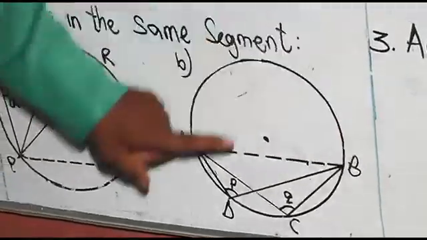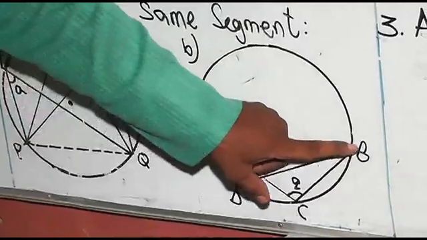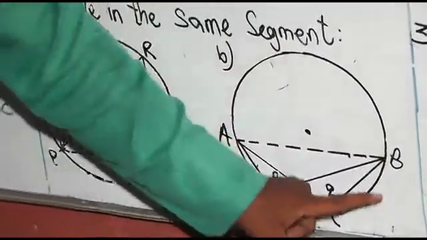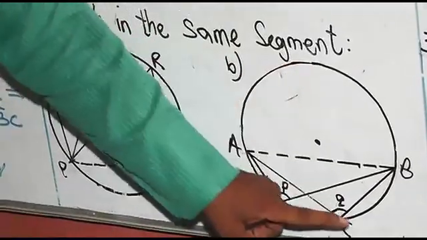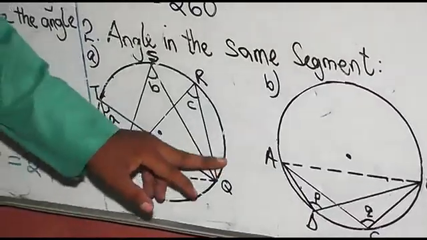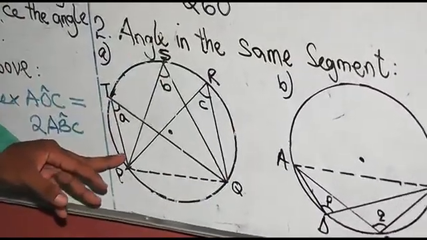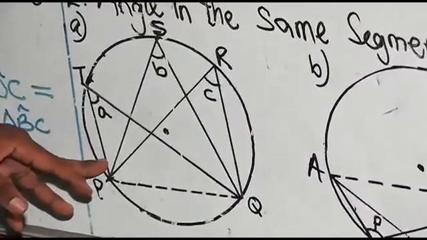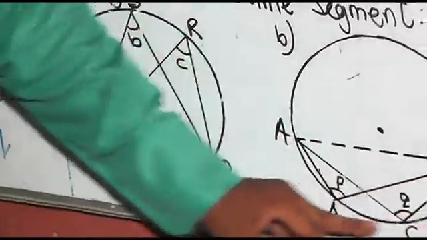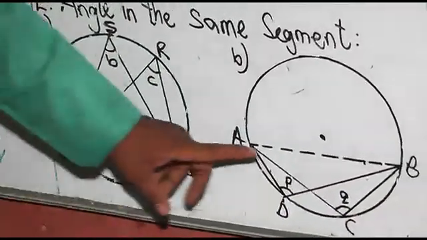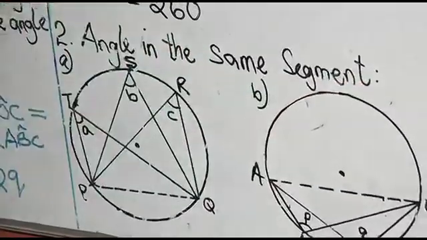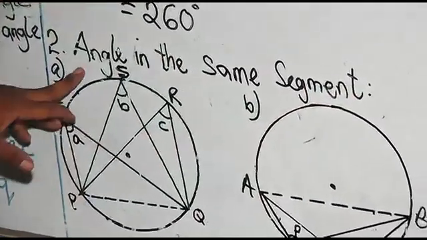And as you can see, this is a chord, this is the arc. And looking at the two sides, you have two arcs. One is major and one is minor. So, the one with the major arc is known as the major segment, while the one with the small arc, which is the minor arc, is known as the minor segment. So, angle in the same segment is what we are going to be considering in this theorem.